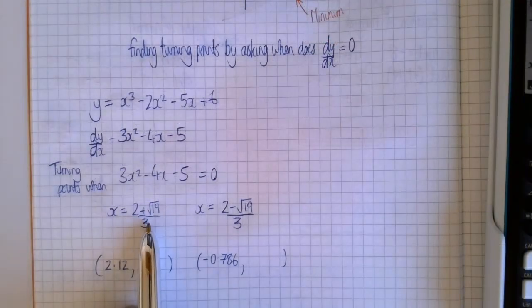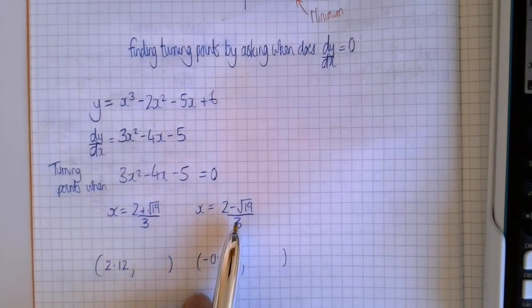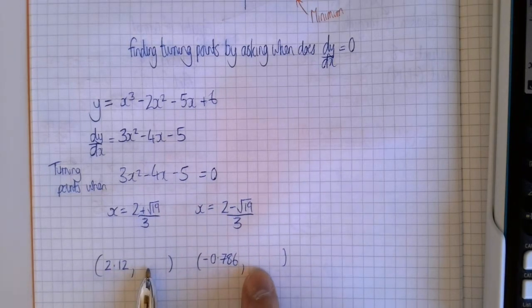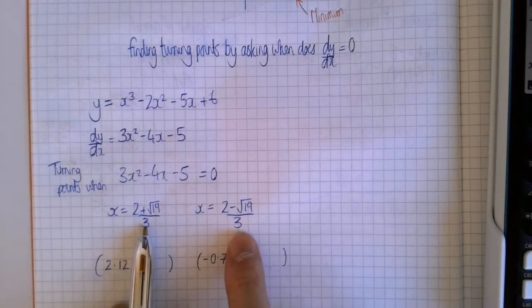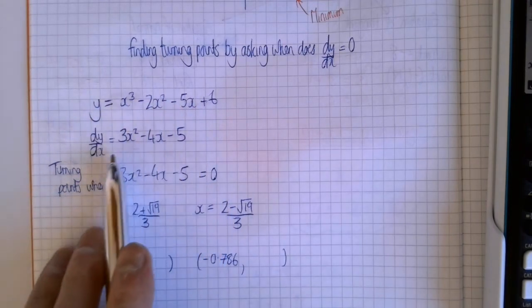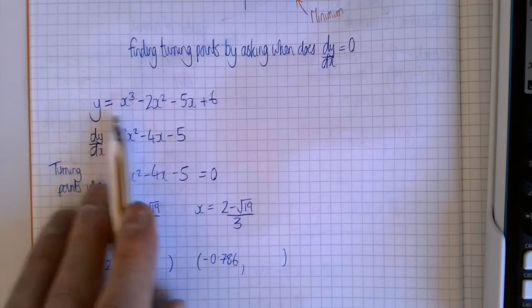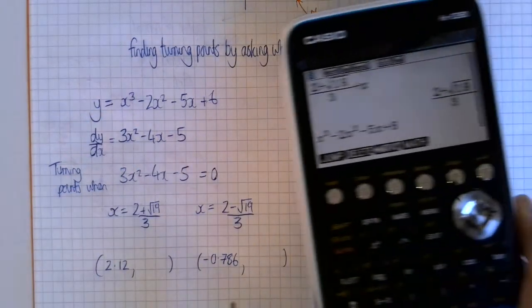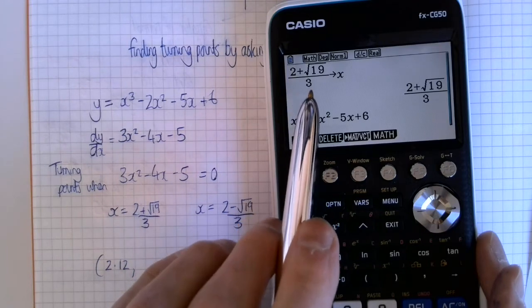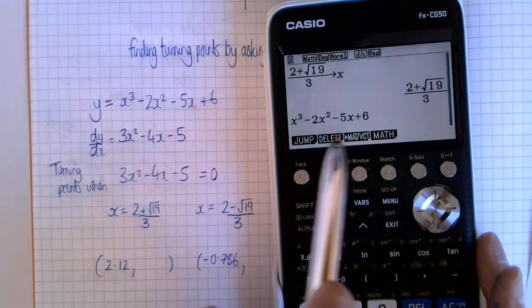Okay, so I've got my two x values, not particularly nice values. I'm not going to use the rounded values to work out the y values. I'm going to use the exact values. So remember, to work out the y values, I need to go back to the original function, not dy by dx, the original function. So I'm going to use my calculator for that. So I've made x equal to 2 plus root 19 over 3, and I've just typed that in.